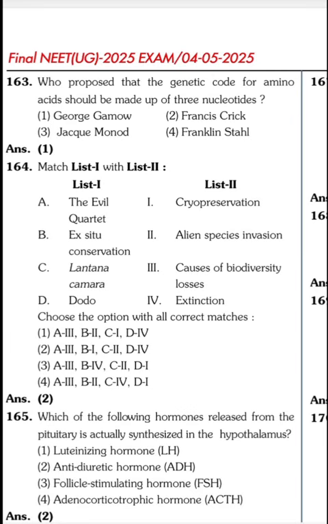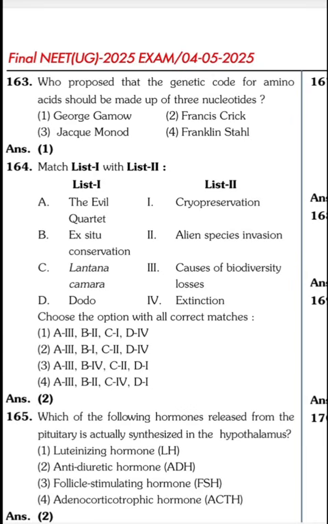Ex situ conservation, that is outside natural habitat. One example is cryopreservation, Lantana camara is an alien species invasion, dodo extinction. So these options are seen in A3, B1, C2, D4. Okay, A3, B1, C2, D4.